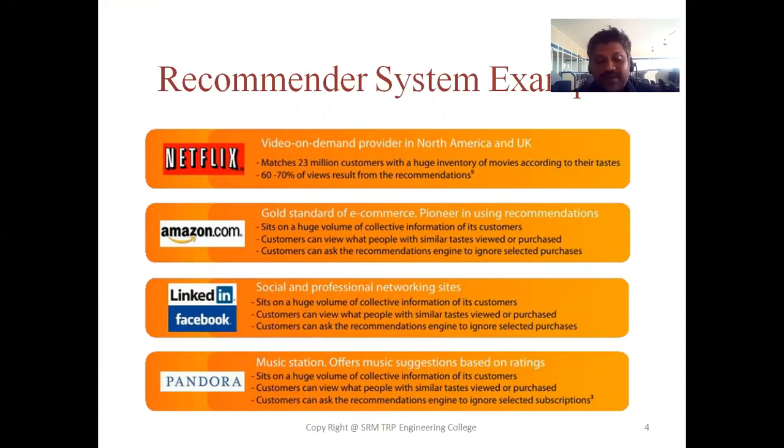They are suggesting friends based upon their mutual friends relationship. And also in LinkedIn, they are suggesting based upon past education institutions and working place, etc. Then the final one, Pandora, that is a music station which recommends music based upon the user's rating. These are the various examples of recommender systems applications.